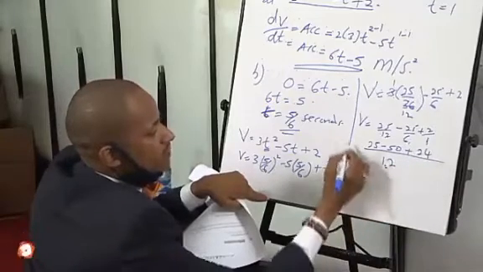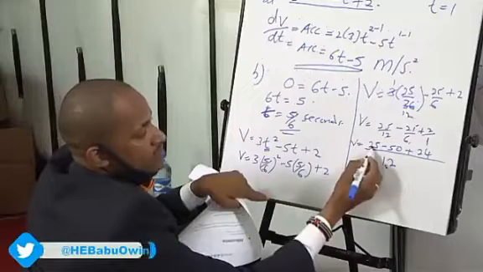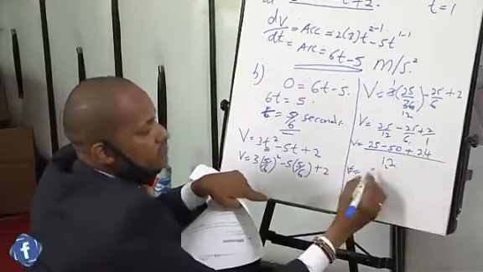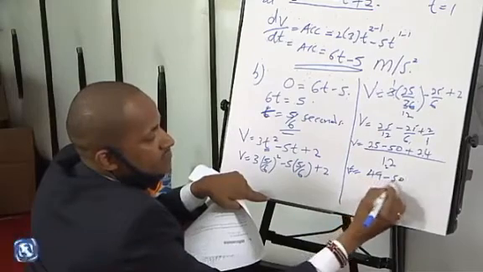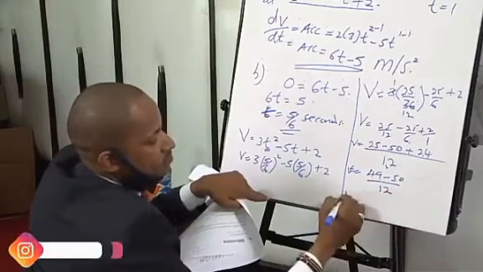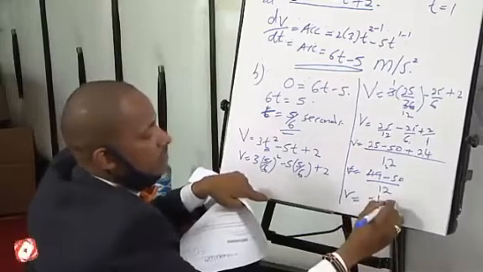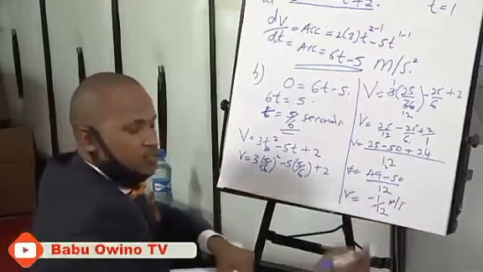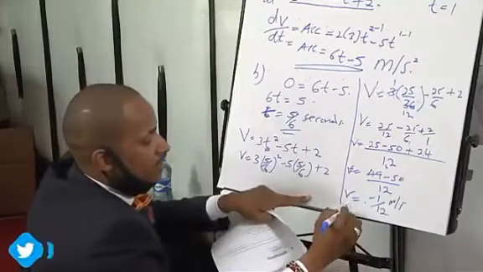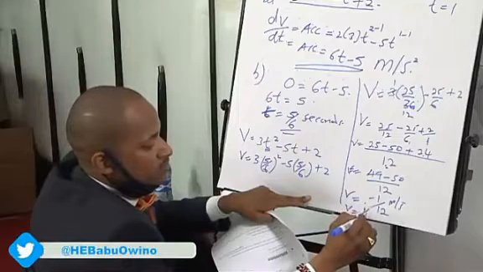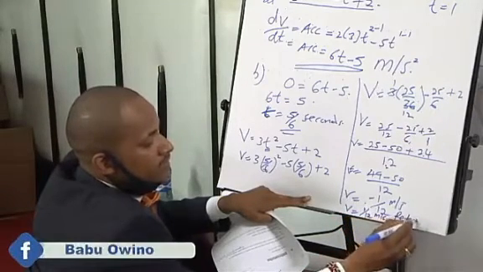When you simplify, 25 plus 24 is 49, minus 50, divided by 12. So velocity is equal to minus 1 over 12 meters per second. And remember, I told you when the velocity is negative, it means that the body is retarding. So you write velocity is 1 over 12 meters per second, but you write retardation.